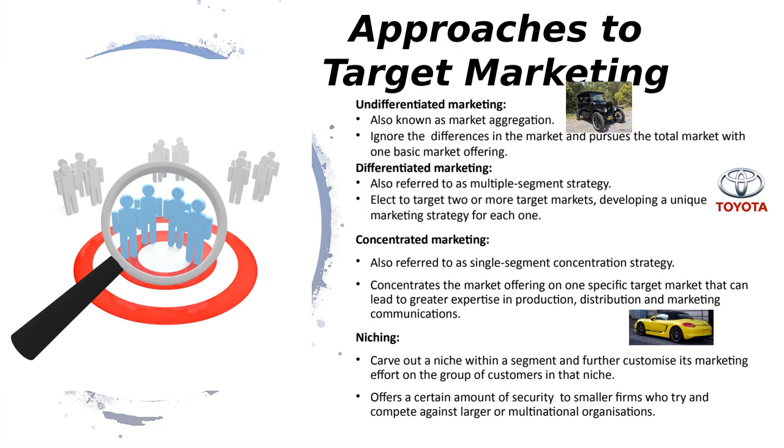So each product has a particular market that it is targeted towards, understands its product needs, etc. And companies then need to decide how many target markets they are going to service.